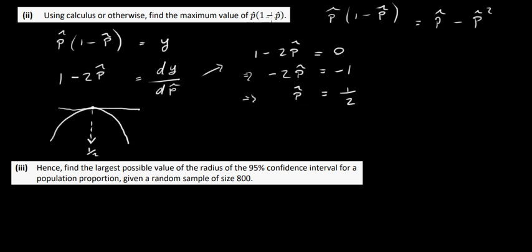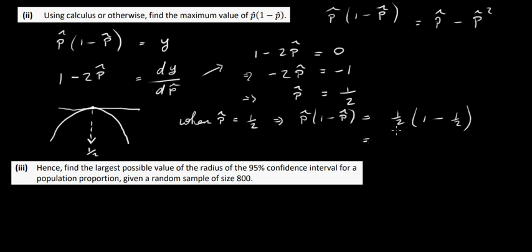So what happens when we were asked to find the maximum value of this expression? When p hat is equal to a half, p hat(1 minus p hat) is going to be equal to a half times 1 minus a half. So we've got to maximize this expression by putting half into it.